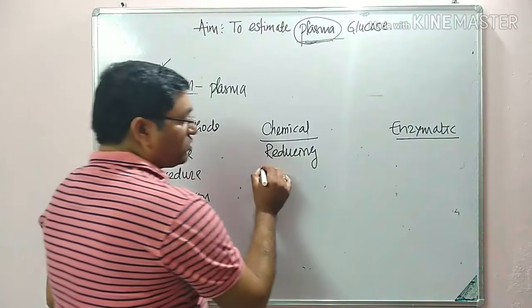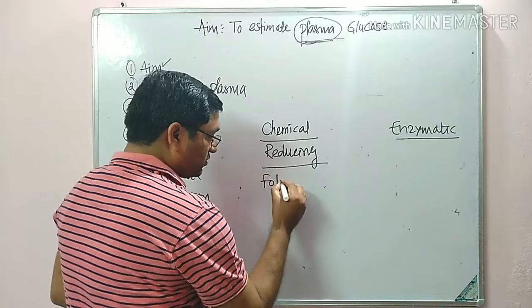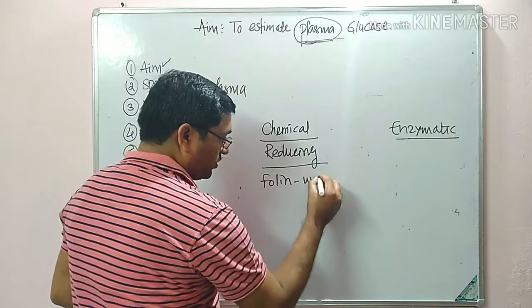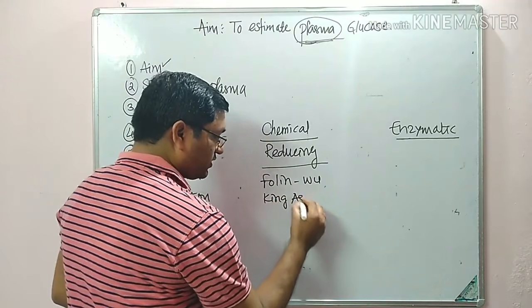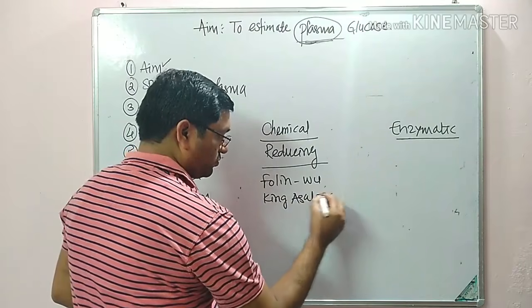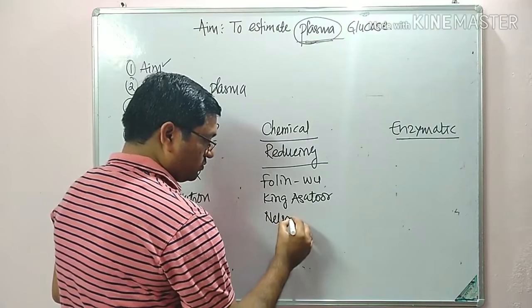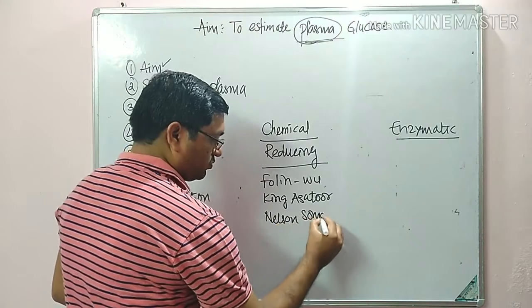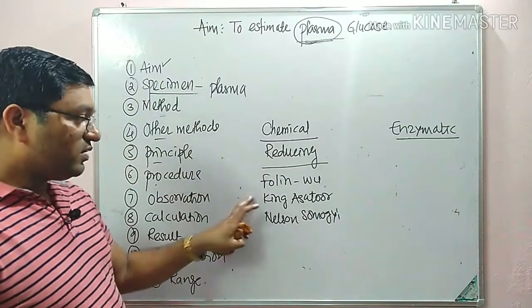They are based on reducing property. The most common method is the Folin method. Then another method is the King-Armstrong method. And the third one is the Nelson-Somogyi method. So these are the chemical methods available.